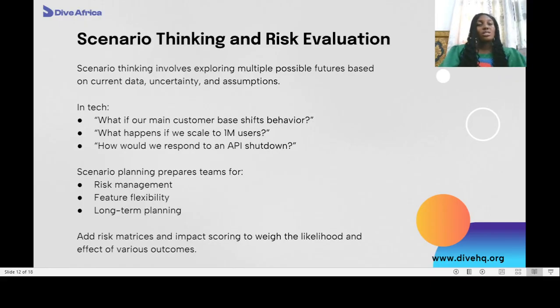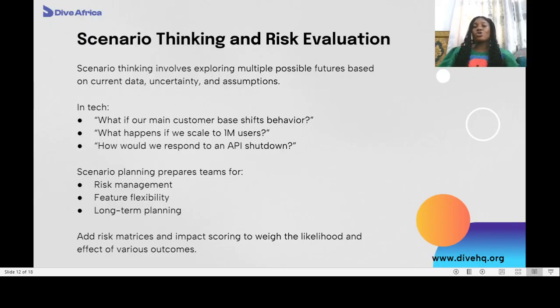Let's look at scenario thinking and risk evaluation. Scenario thinking involves exploring multiple possible futures based on current data, uncertainty and assumptions. It means imagining different what-if situations.